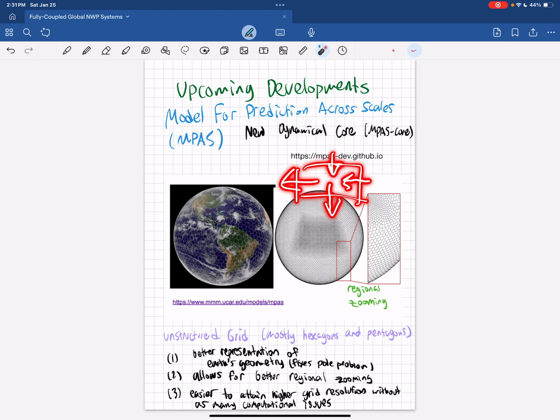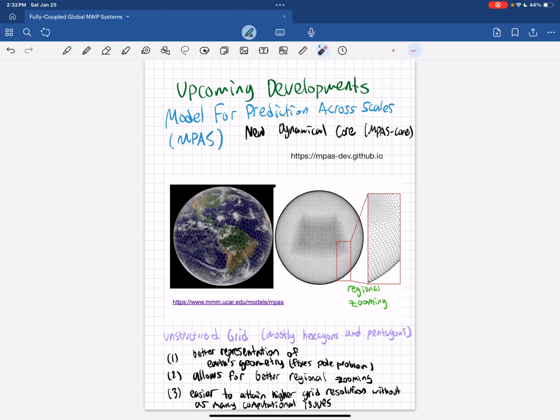When you fold this together, there's an issue at these edges here. But with this grid, the whole thing is connected without any weird corners. So you won't have weird numerical instability at the edges. So that's why it's great.